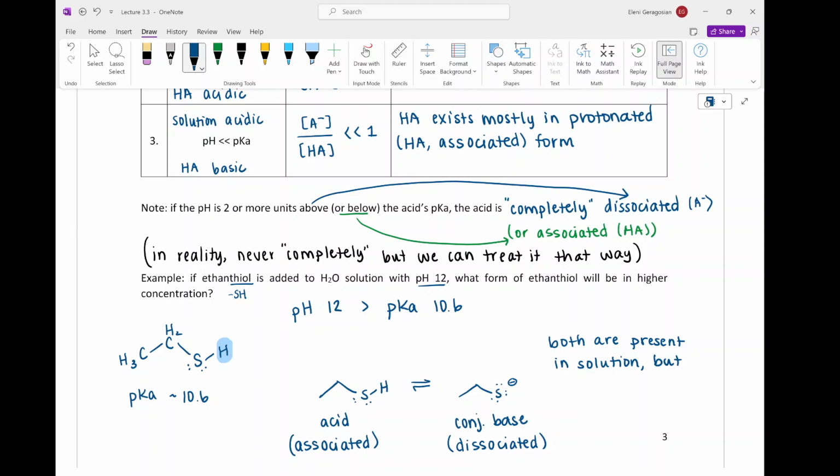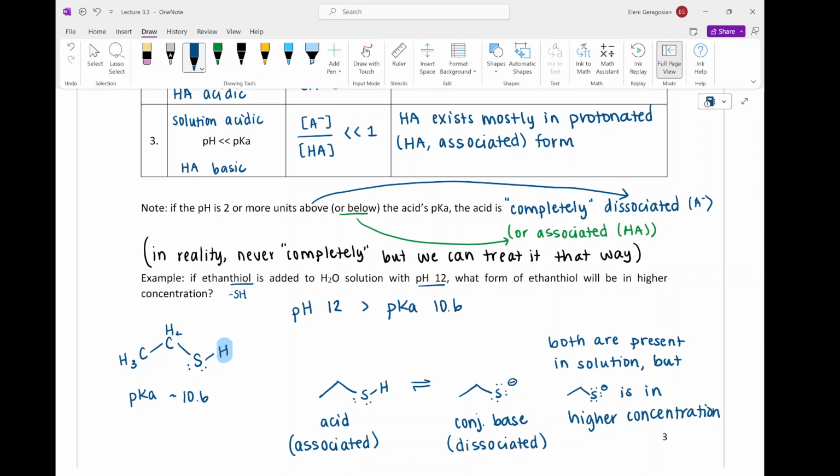But the conjugate base, the dissociated version, the version without the proton, is in higher concentration. Because ethane thiol was acidic, acted as an acid, it produces more conjugate base than the amount of acid ethane thiol that is present.